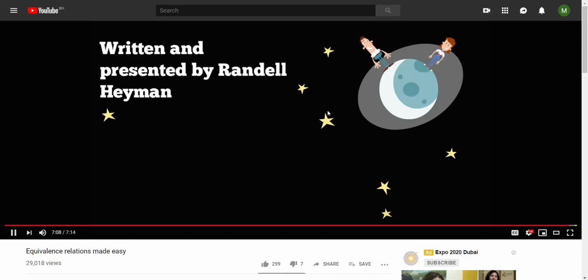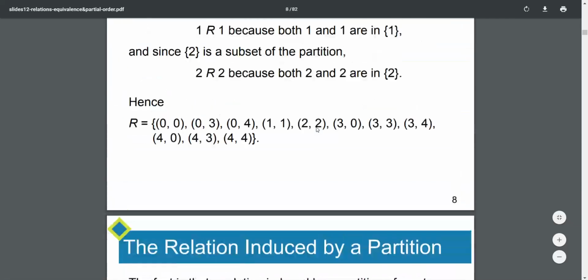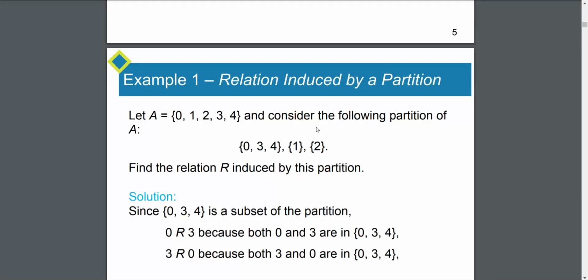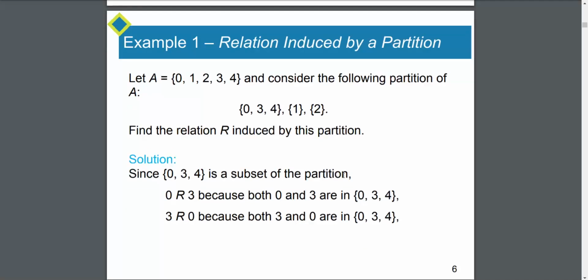Alright, that looks pretty interesting. So if we go back to the slides, there was this example where we consider the following partition of A. So we got three partitions induced by this partition, each a subset of the partition.